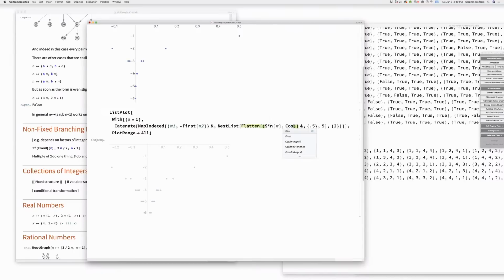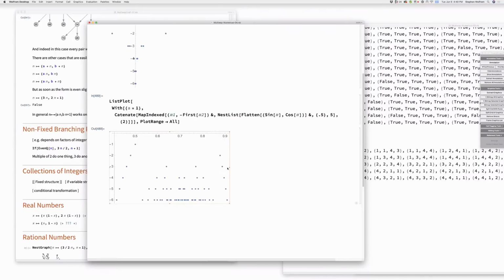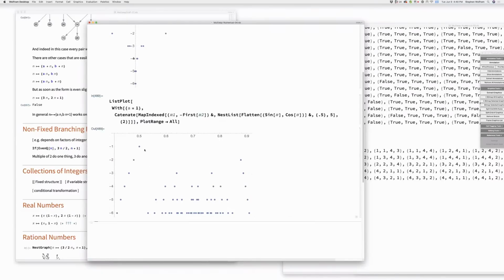Yeah, this should work, shouldn't it? I mean, it's kind of a weird function, but it should work. Yes, that does work. Okay, so what is this doing? At every step, it's a multi-way system. I could draw this multi-way system now by saying nest graph.